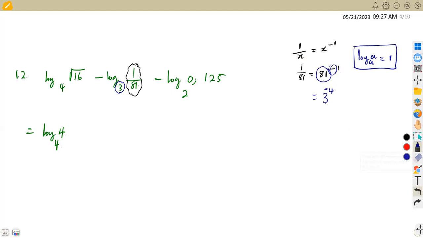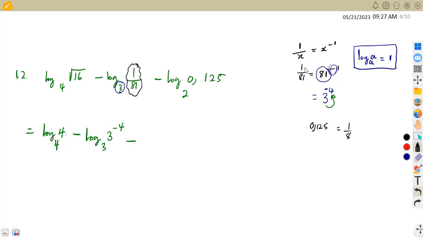So on this part, we are going to have negative the logarithm of 3 to the exponent of 4 in place of 1 over 81. That's now 3 to the exponent of -4 in the base of 3. Minus the same thing on 0,125. We express this as a fraction. That's 0,125, which as a fraction is 1 over 8.